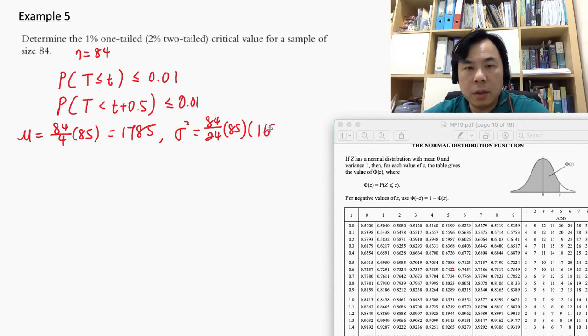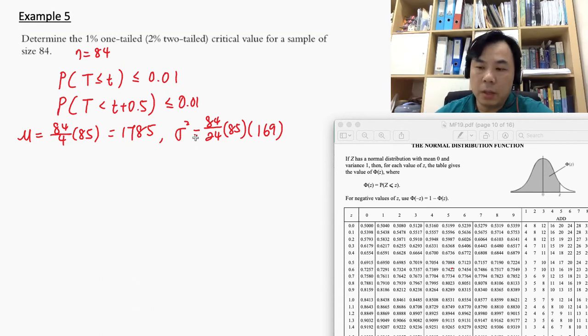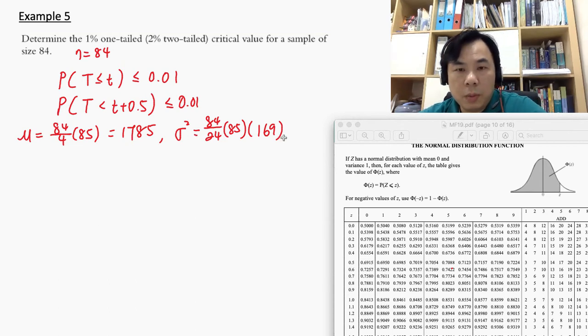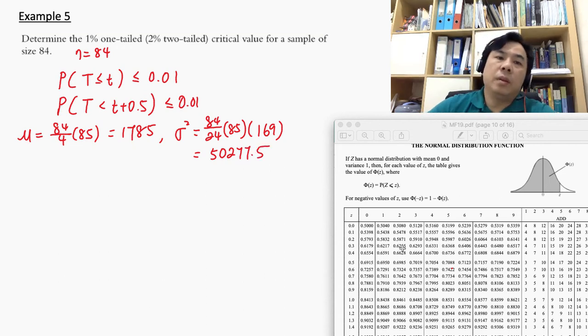Yeah, 169. So therefore, this value is much larger. If you calculate this properly, you should be able to obtain 50277.5. So from here, we can apply the z-score.